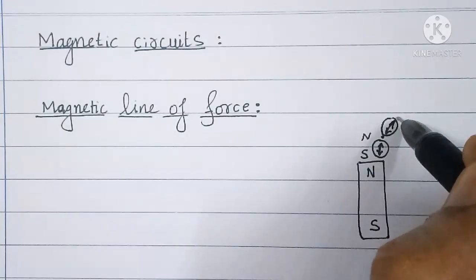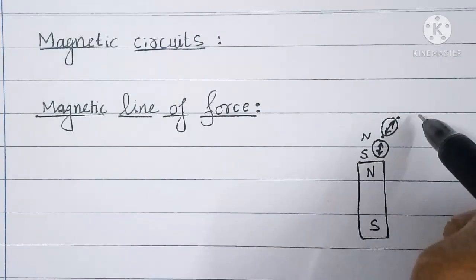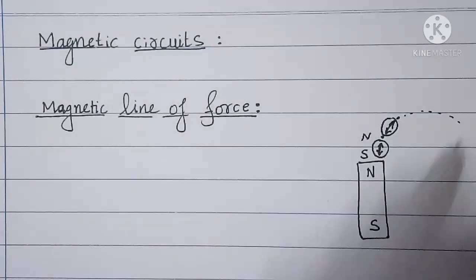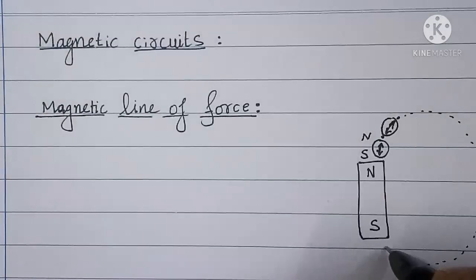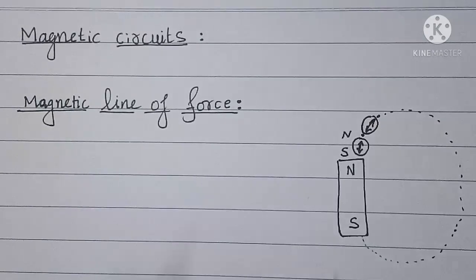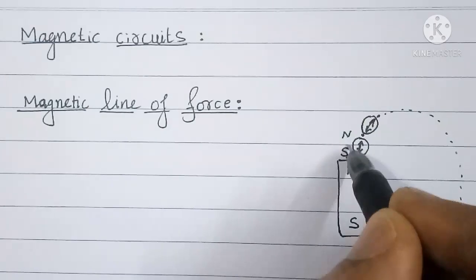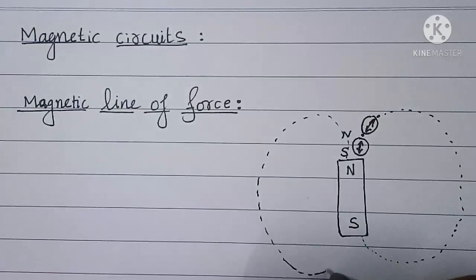If you repeat this procedure of marking the point and lifting the magnet, once again placing it, then finally we'll find that you'll get set of points which will end up in S pole. Similarly, if you start from different point on the N pole, then you will get again set of points which will end up in S pole.